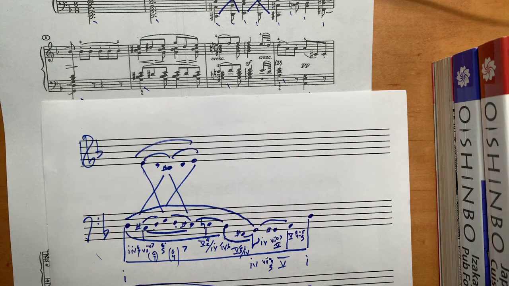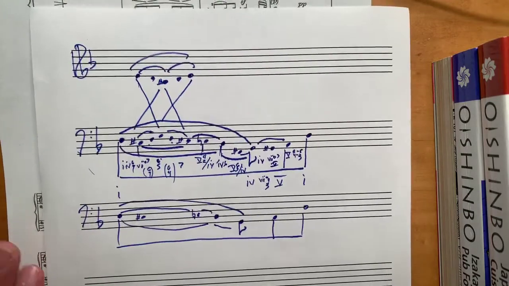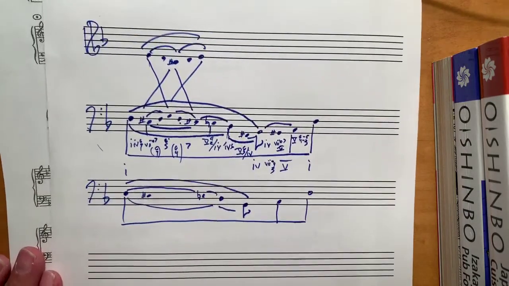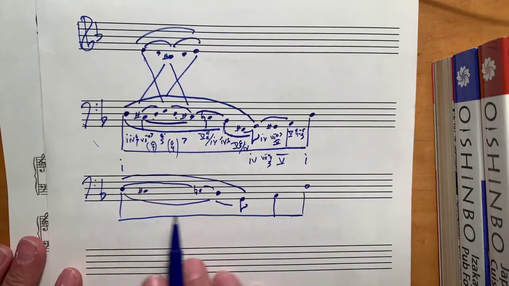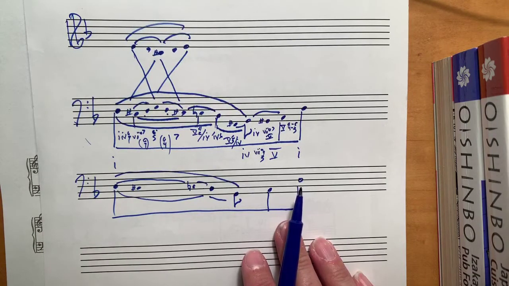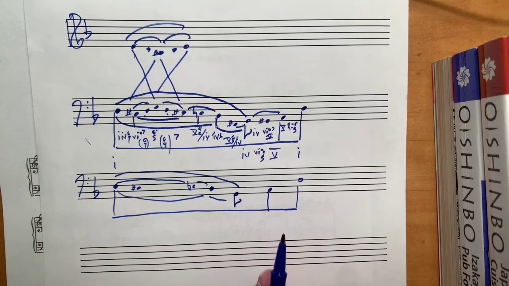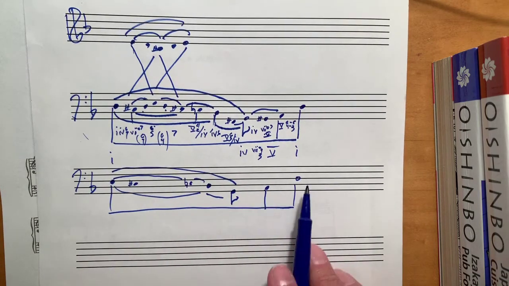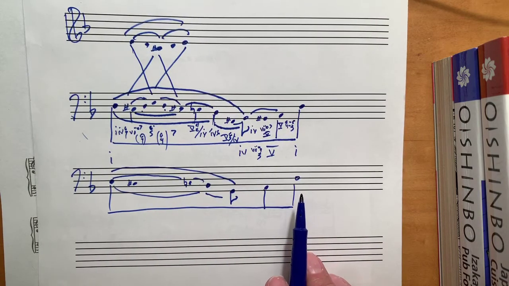Okay, so if I were to sort of play this from the background, right? First of all, we got 1-5-1. And then 1-4-5-1. Take it down an octave.